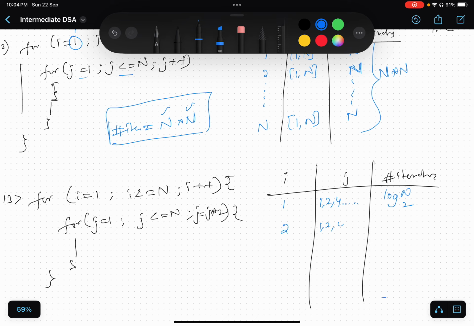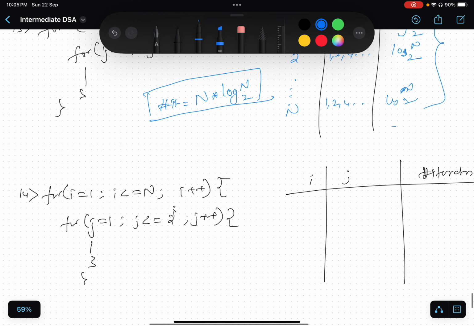Similarly, for i equal to 2, same log n base 2, right? And finally for i equal to n, this is also log n base 2. So every iteration is log n base 2, but the total number of outer iterations is n. So the iterations I would count is n into log n base 2.